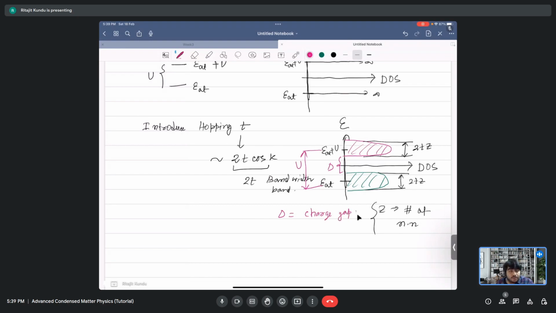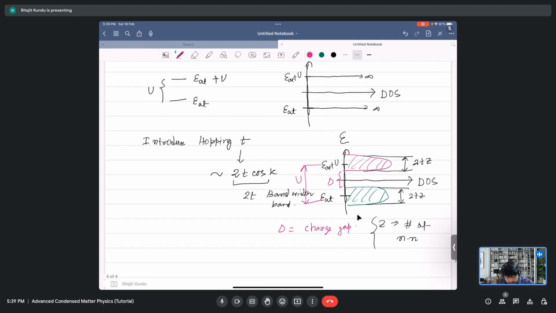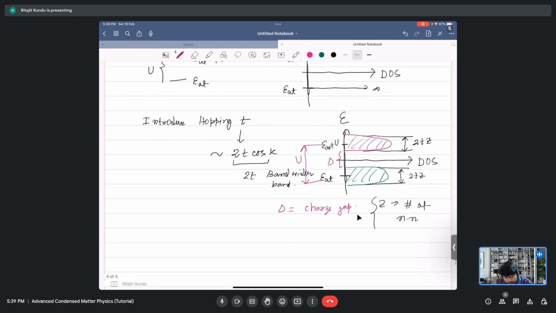Okay, so you can probably now see how you get this kind of band structure. But still, let's say this energy level is my Fermi energy, EF.